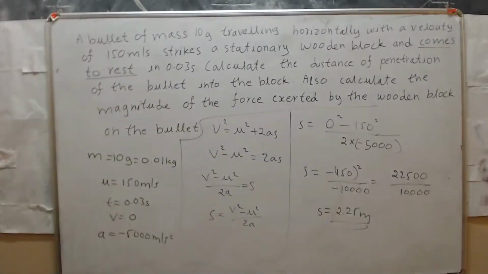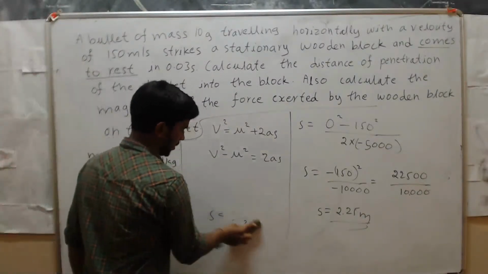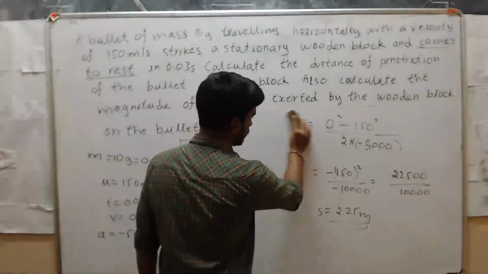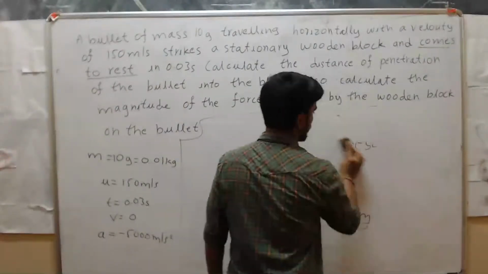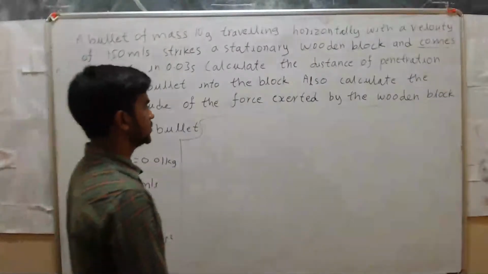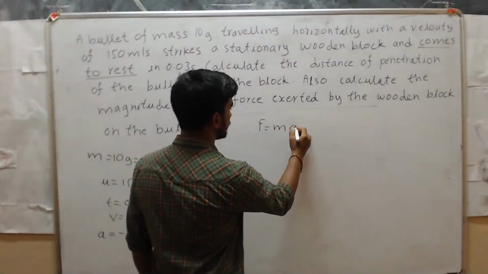Next, calculate force. Force exerted by the wooden block. To calculate force, we know the formula F is equal to m into a.